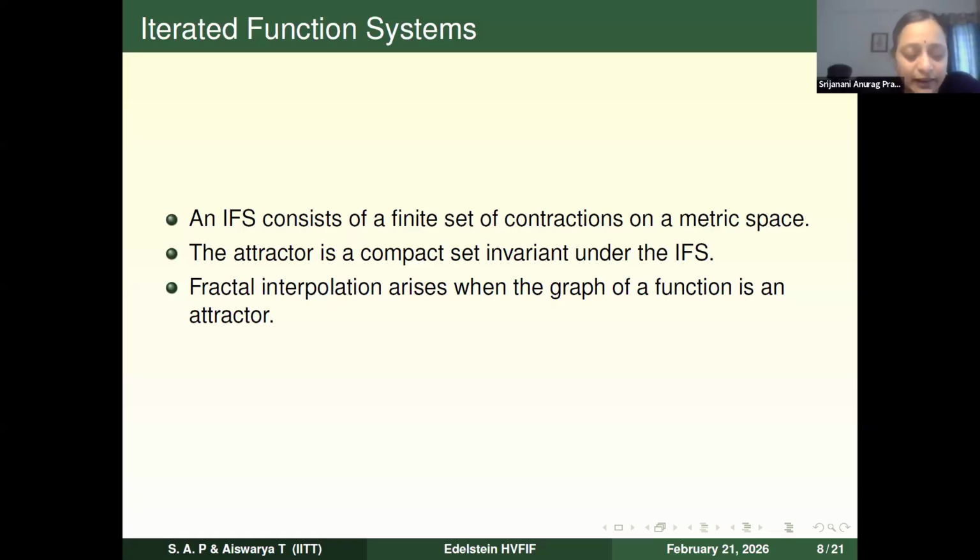That is to say, the set is the union of its subsets, and each subset is a scaled version of itself. Such a set we call an attractor. Fractal interpolation functions arise when the graph of the function is an attractor.